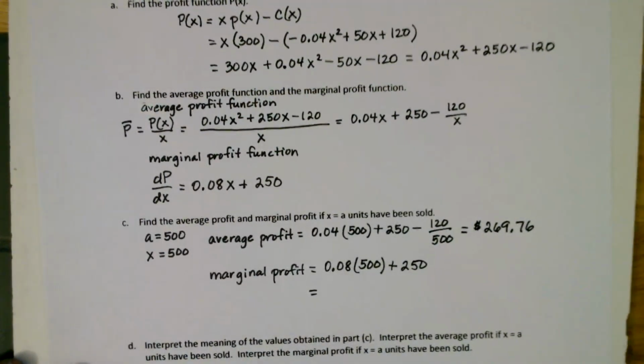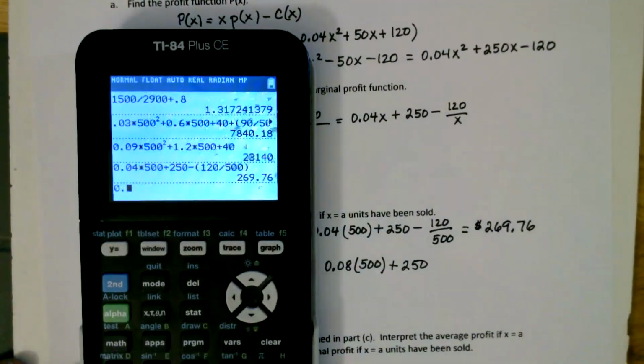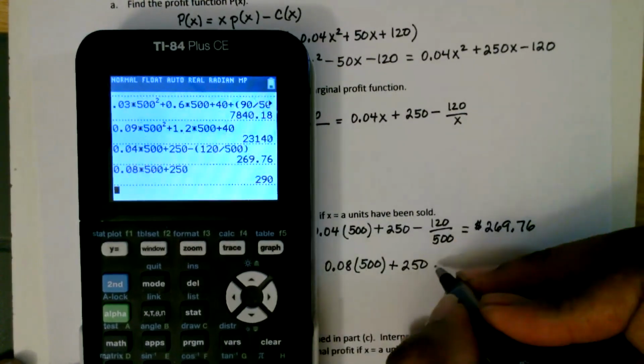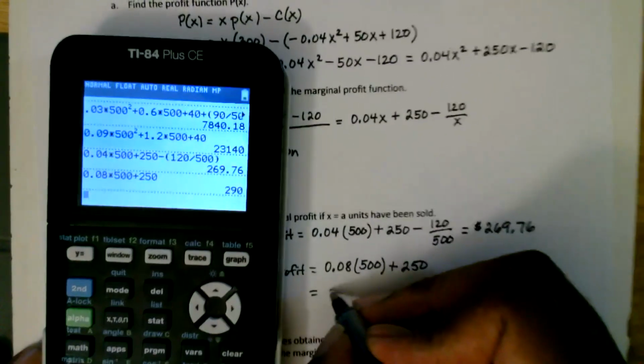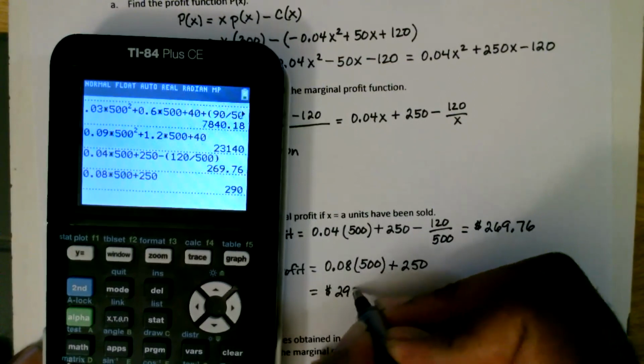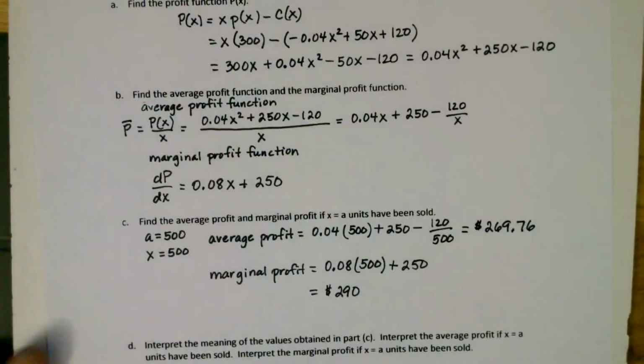And that will give us $290. So that means here, the marginal profit would be $290.